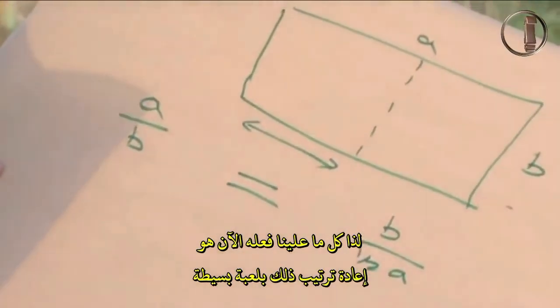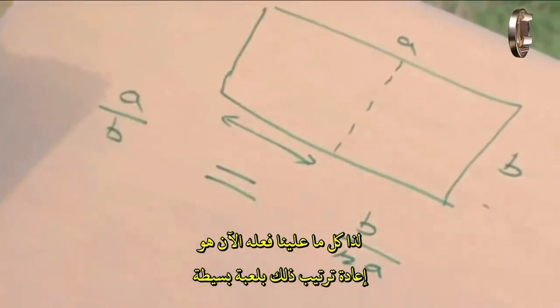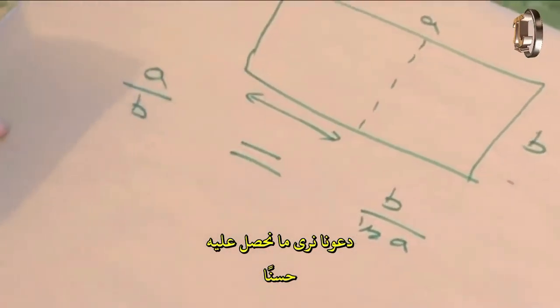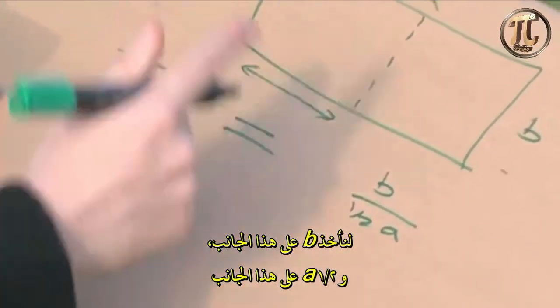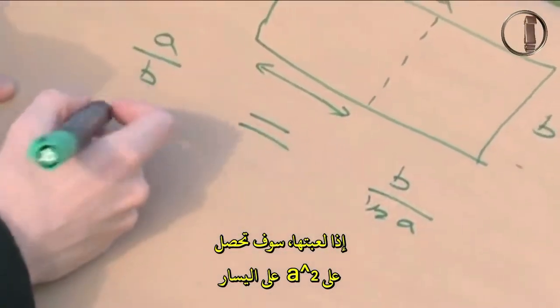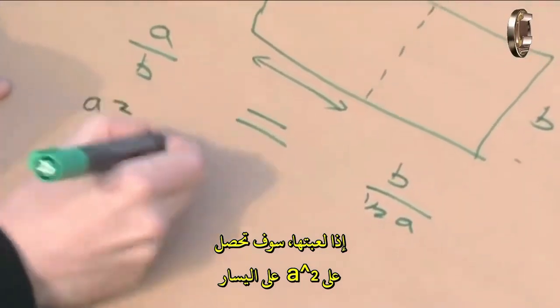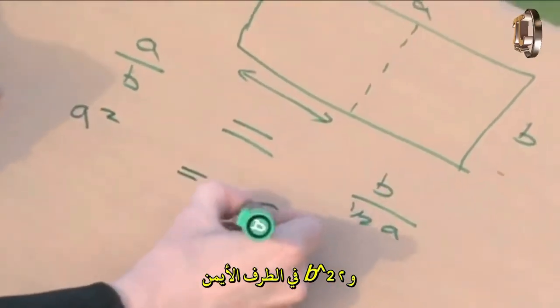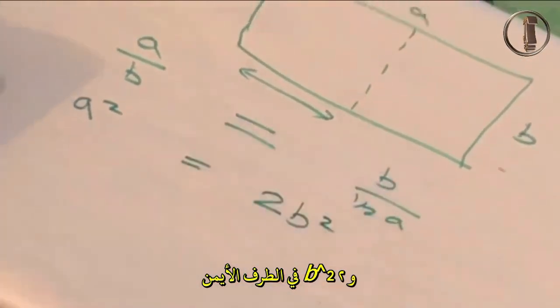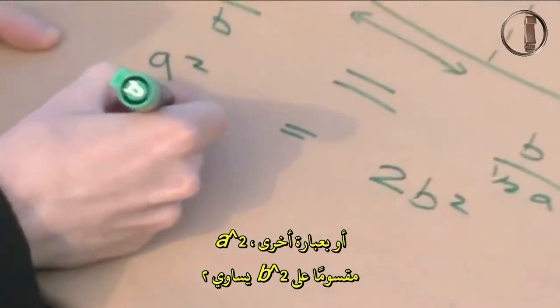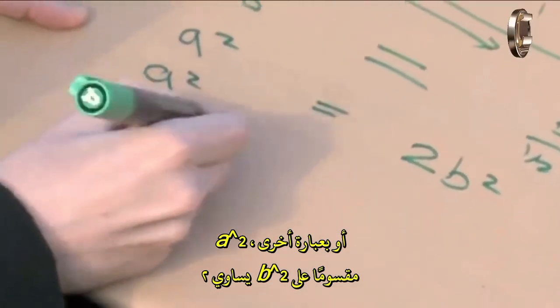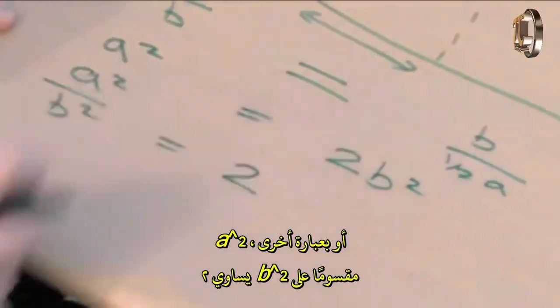So all you have to do now is rearrange this, play with this a little, and let's see what we get. Okay, let's take the B's over this side, the A's over this side. If you play with it, you'll get A squared on the left and 2B squared on the right-hand side. Or in other words, A squared divided by B squared equals 2.